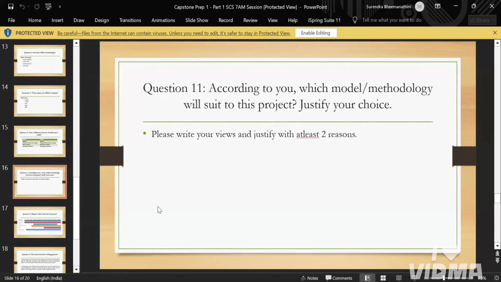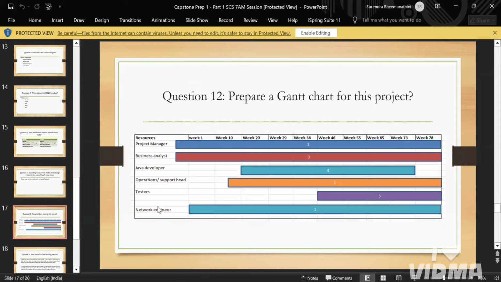For example, if you choose waterfall, you need to write down why you have chosen waterfall for this project and why it is suited. You need to justify with at least two reasons why you have chosen waterfall, or whatever model you have chosen. Okay. And the next is the Gantt chart.